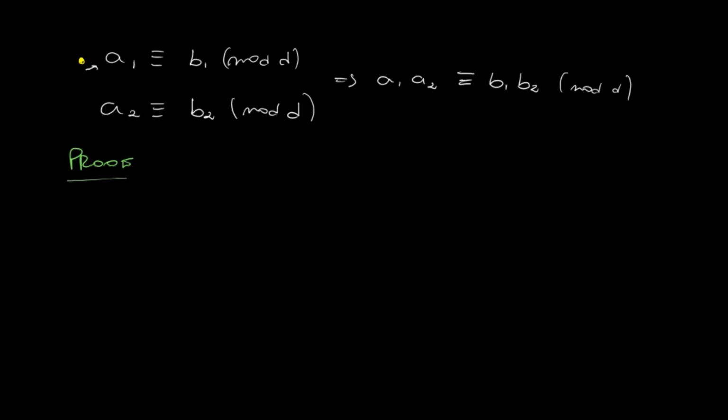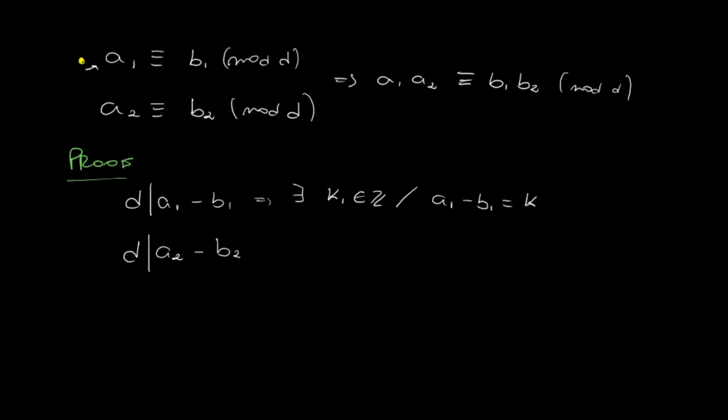a1 is congruent to b1 modulo d. Then d divides a1 minus b1. In the same way, d divides a2 minus b2. And now let's use the definition of divisibility. d divides a1 minus b1, then there exists an integer k1 such that a1 minus b1 equals k1 times d.